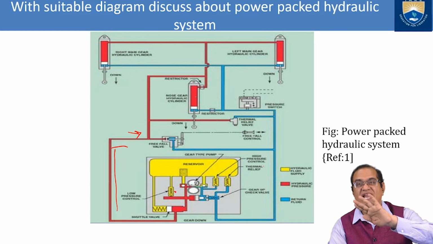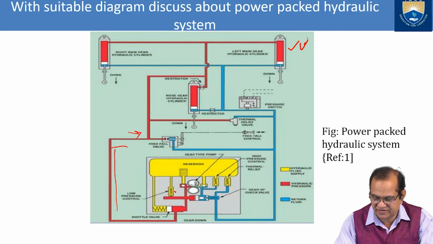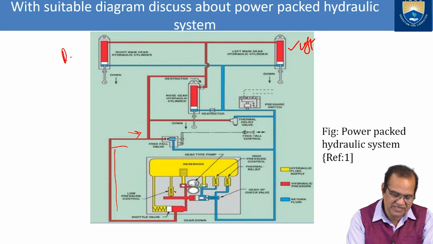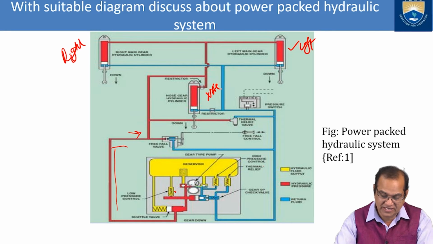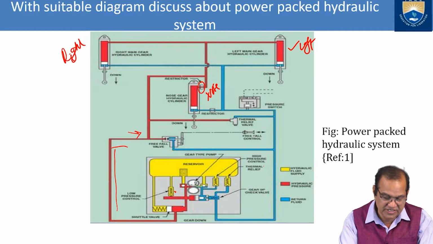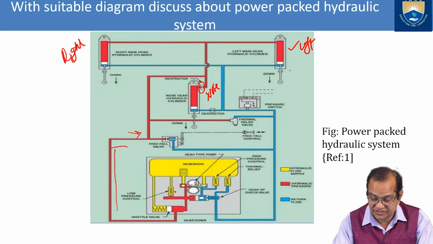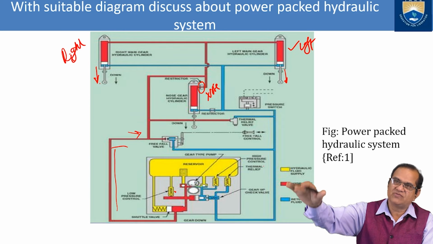It is for the landing gear, and it is for the right main landing gear, and this is the left. This is the right, and this is the nose. As you apply this, your restrictor valves are here. These restrictor valves will restrict the motion, and the actuators will move, and your landing gears will open.